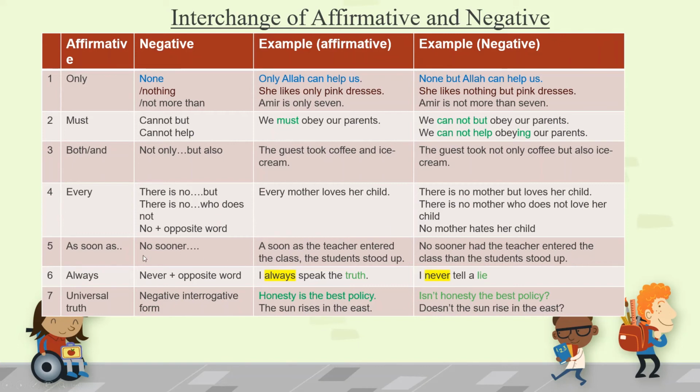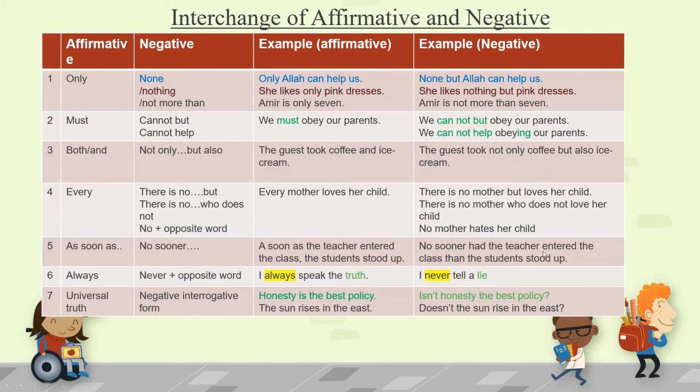Rule number 5, sentences containing as soon as. As soon as the teacher entered the class, the students stood up. In this case, we need to use the no sooner had structure. In place of as soon as, we use no sooner had.